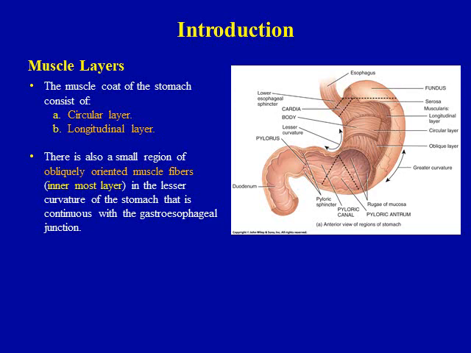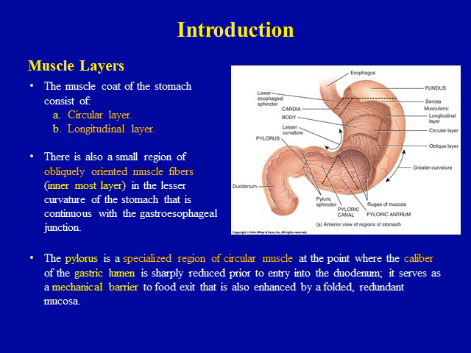As you might remember from the anatomy lecture, the stomach is divided anatomically into four parts: the cardia, the fundus, the corpus or the body, and the pyloric region. The pyloric region has an antrum, a narrow pyloric canal, and the pylorus or the pyloric sphincter.